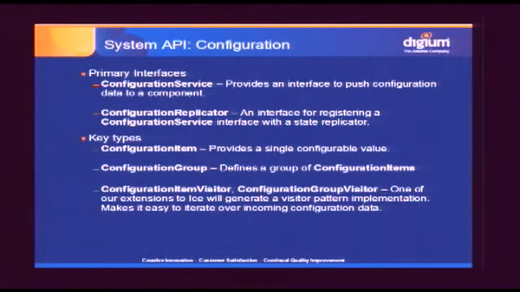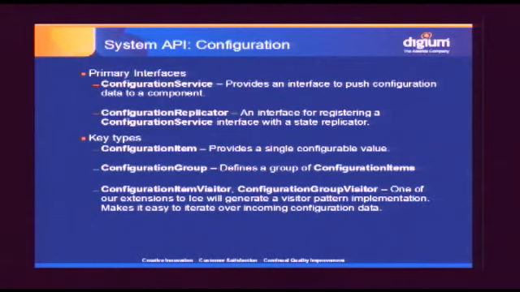Configuration group, as the name sounds, it's a group of items. And then one of our extensions to ICE that's probably been mentioned very briefly, we can tag a type. We have some extensions to the slice definition and the slice compilers where we can code generate a visitor implementation for any type.